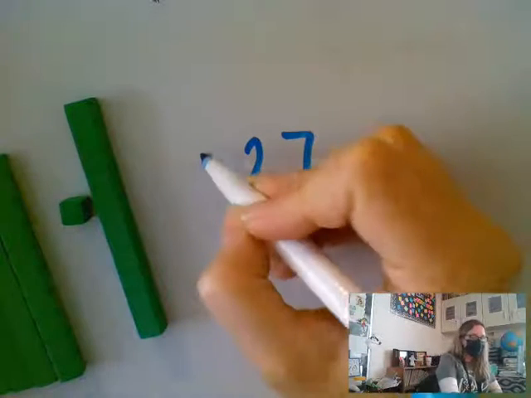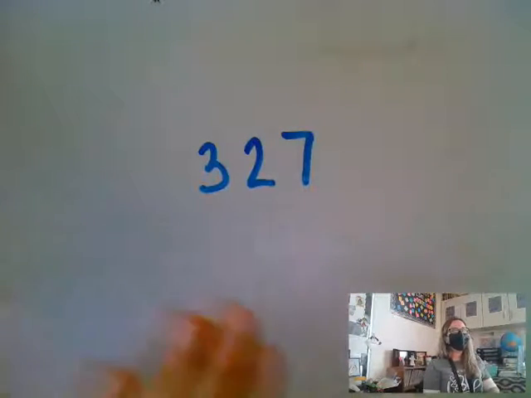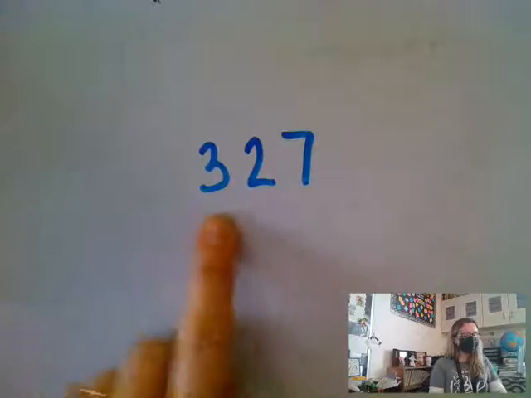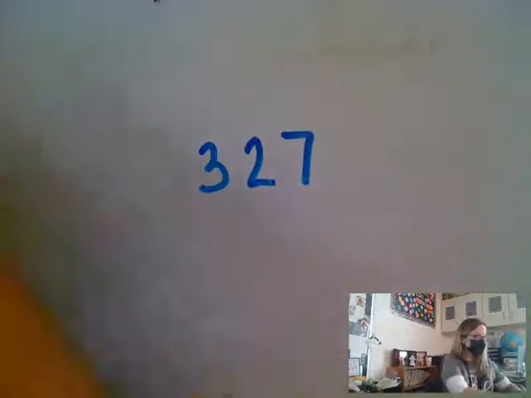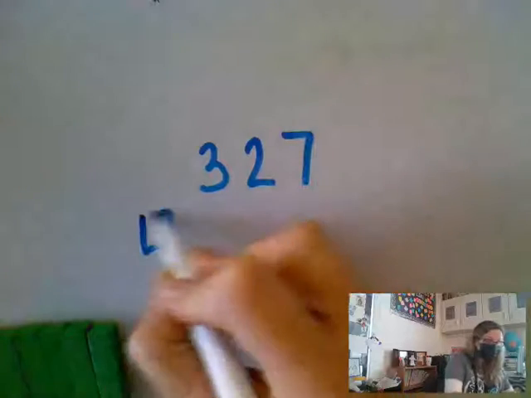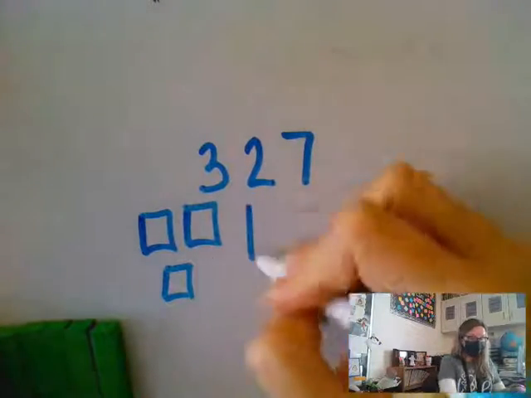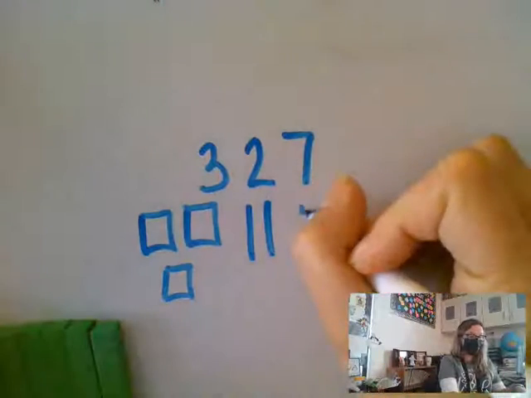What if I were to add a hundreds place on there? What that means is I have 3 hundreds. So I have 3 of these big guys. That's 3 hundreds, 1, 2, 3 hundreds. And then I have 2 tens, and I have 7 ones.